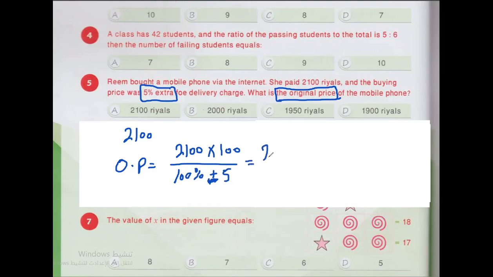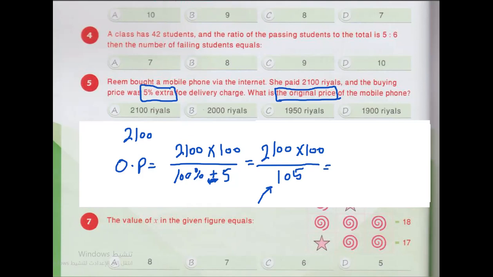So now the equation will be divided by 100 plus 5, so 105. Then you get the answer directly. If there is a discount, you subtract. If it is extra, you add. So now I think it is easy for you.